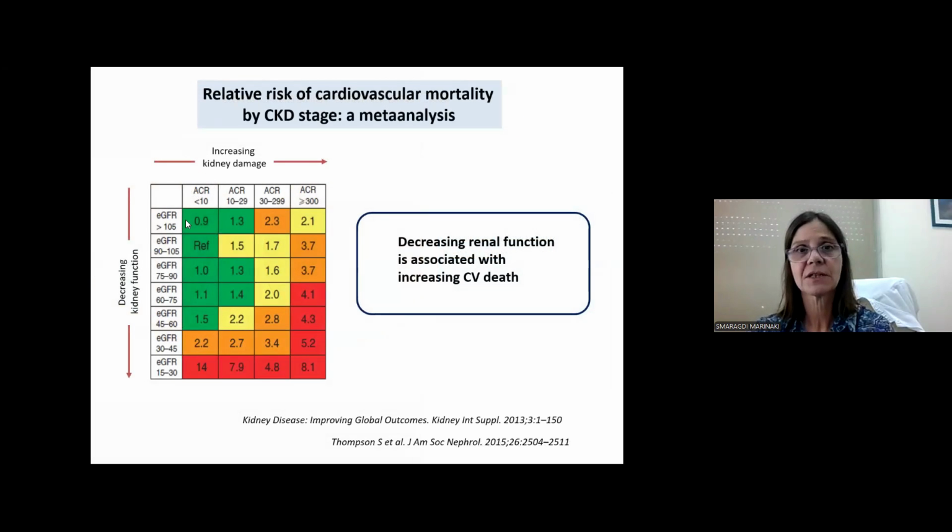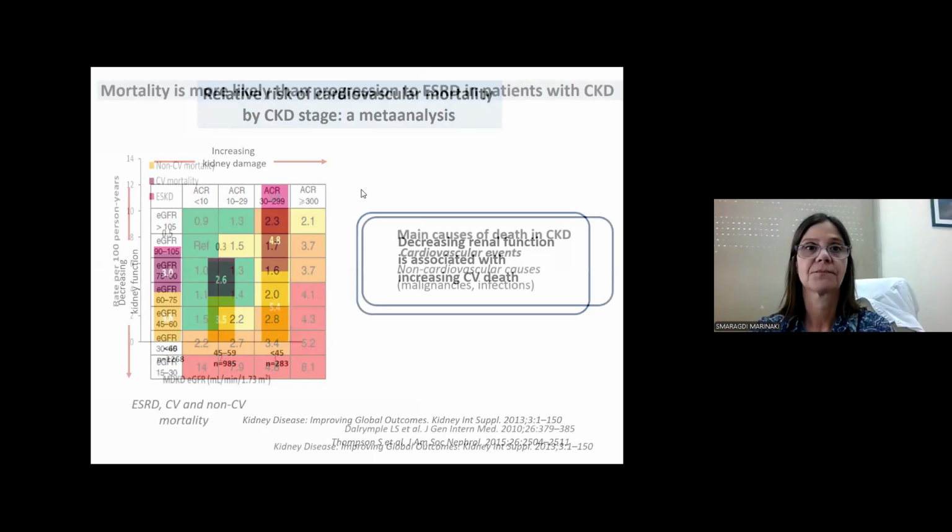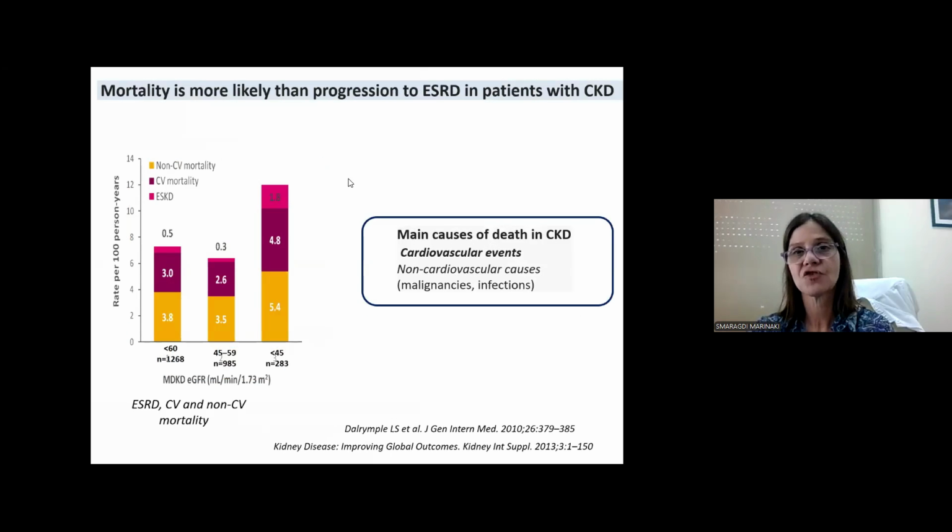The relative risk of cardiovascular mortality in CKD rises in parallel with a decrease in GFR and also an increase in albuminuria. But the most striking, I think, is that mortality is more likely than progression to ESRD in patients with CKD.